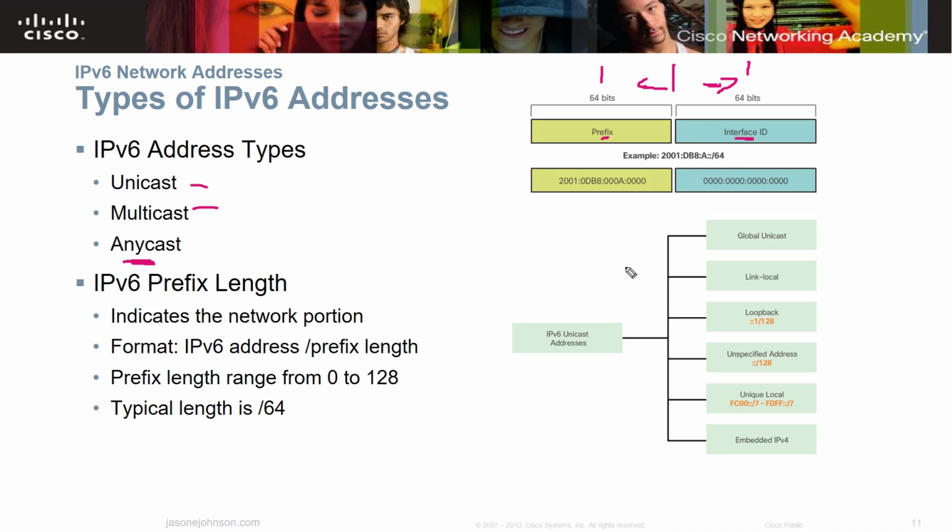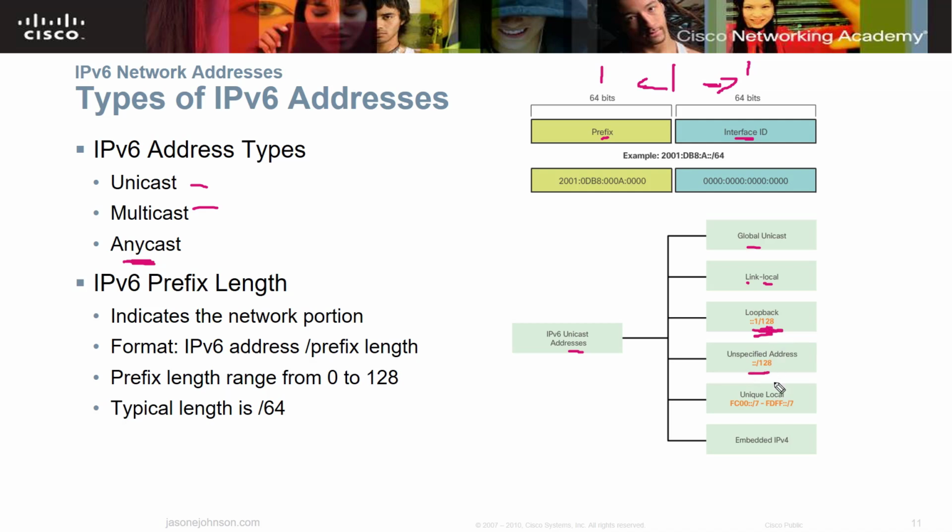And when we have our unicast addresses, we have our global unicast, you have a link local address, your loopback, which is ::1, which would be all zeros and then a 1, /128. The slash lets us know that that is 128 bits.